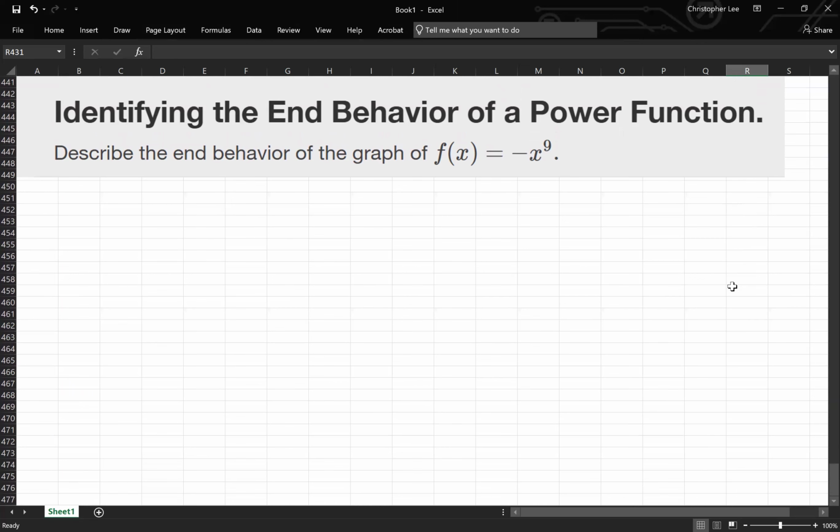So the negative, right? So what's the end behavior? Tell me. Wait, hold on, I gotta get my pen. All right, go ahead. Okay, so like up here and down here? Yes, all right, good. That's it.